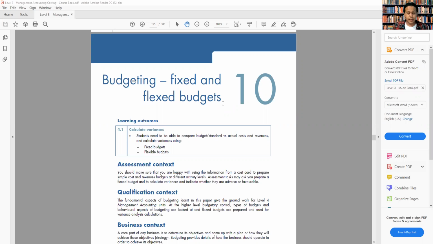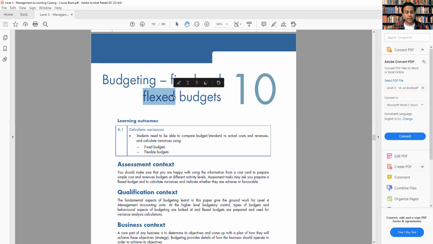If I use the building or if I don't use the building, I have to pay the rent anyway. So the fixed budget is the difference between the cost I planned and the actual cost. But on the other hand, we have a flex budget, which is more interesting and more widely used.